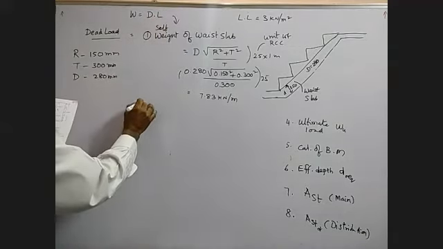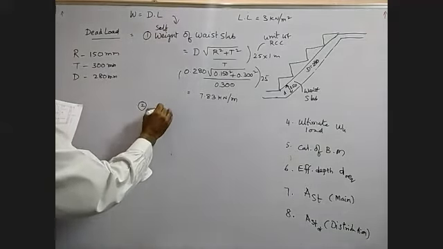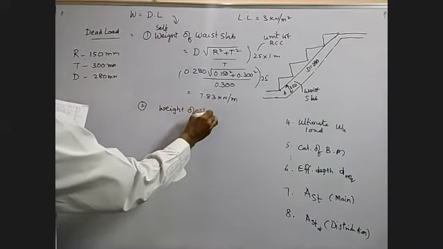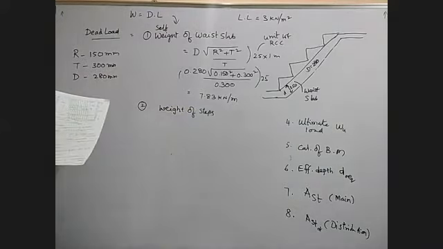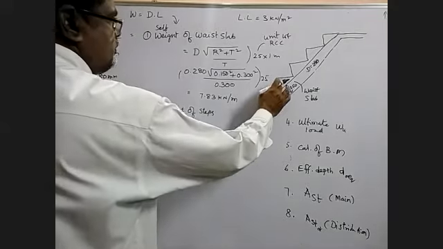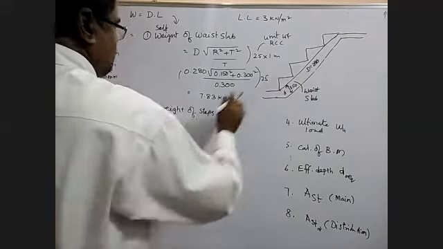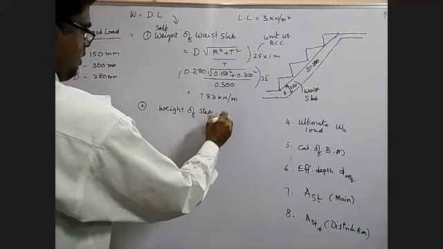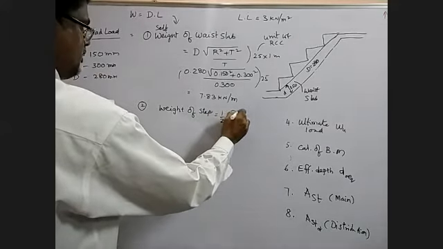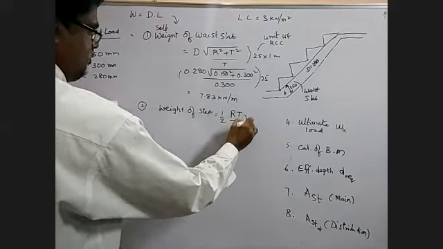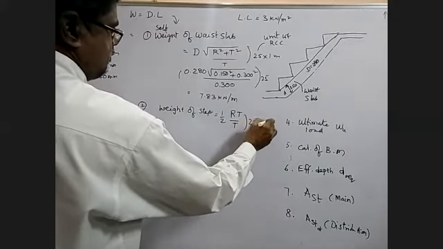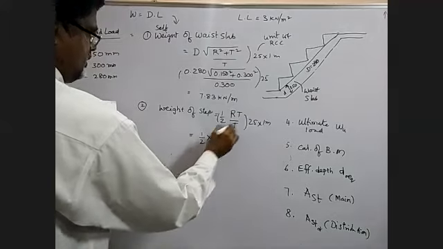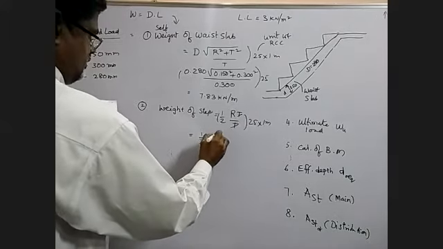The second step is the weight of steps. The weight of the steps is equal to half into RT by T into 25 into 1 meter. So this is half into R, T cancelling, where R is equal to 0.15.